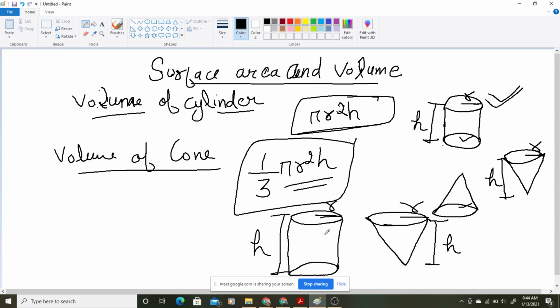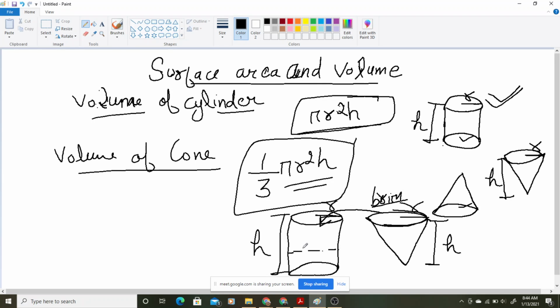Now if you fill this cone up to this part, meaning fill it completely, this is known as the brim. Brim is the end part, this corner, this edge. So if we fill this cone up to the brim and empty it into a cylinder, it will be filled only 1/3.